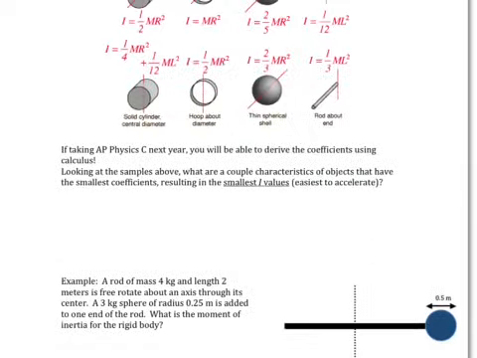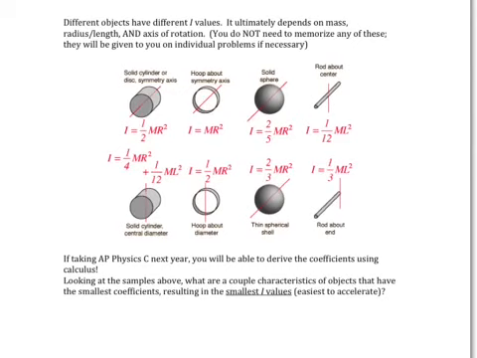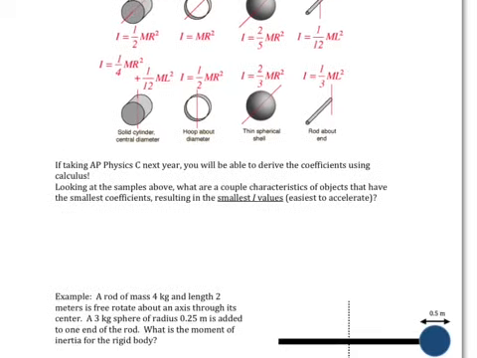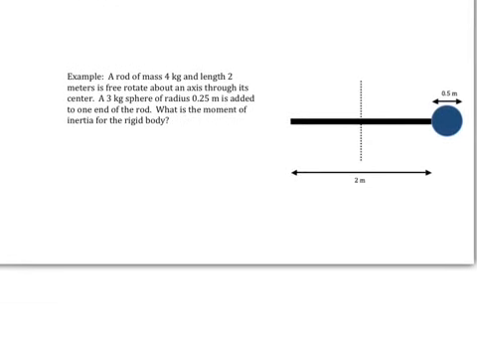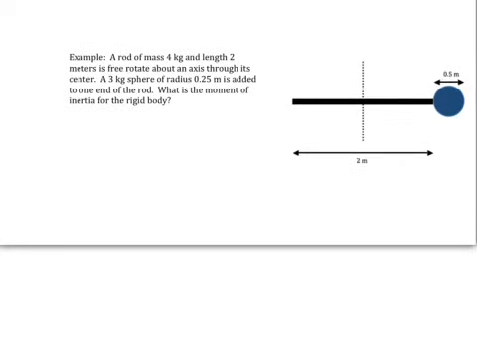Now, if we look up at the chart here to see the different moments of inertia, we can see that different objects have different moments of inertia. But just like we did with center of mass, when we have a system that has multiple bodies, we have to do the same thing, where we add all the masses times their position together to find that center of mass.